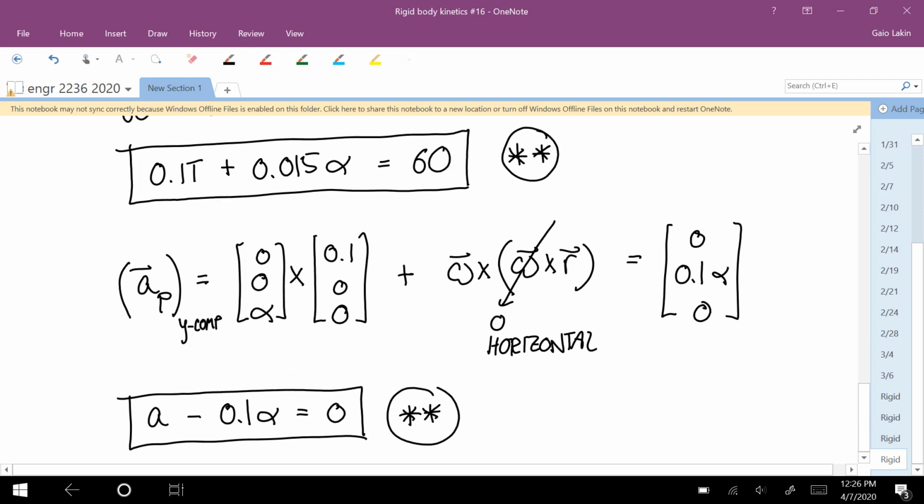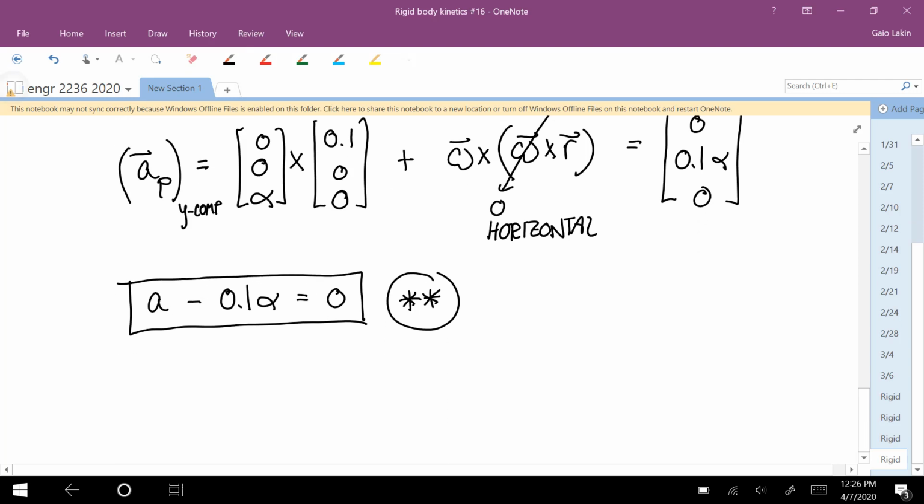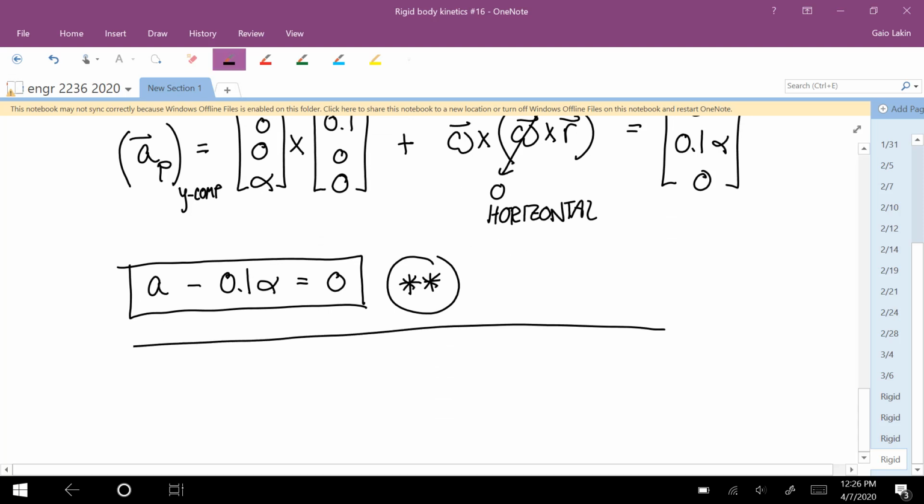And now we can solve this. We're going to solve 3 equations for 3 variables.